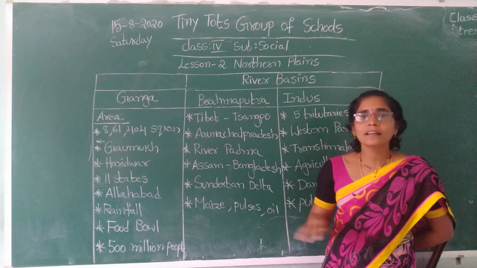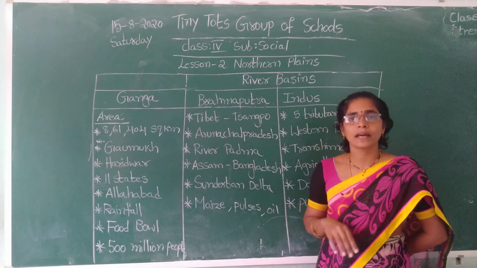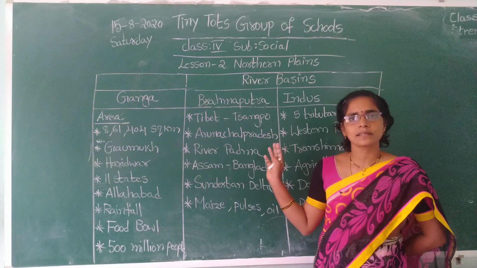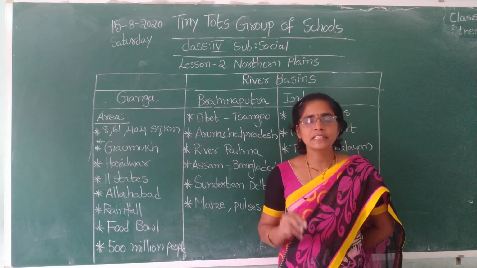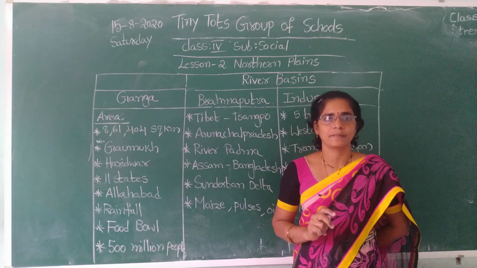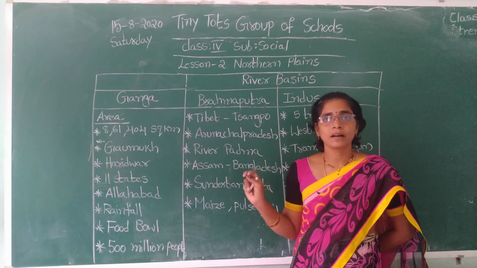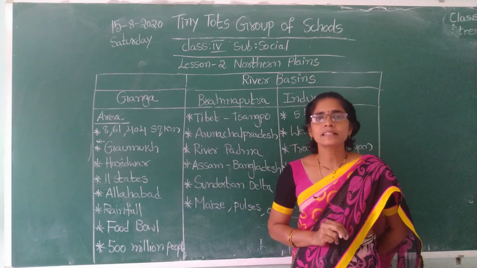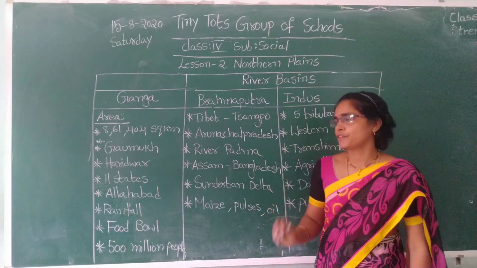It is flowing parallel under the Himalayas, and it is extending up to Assam in India. And it is joined with the river Padma, which is the distributary of river Ganga, making the path very fertile, making the land very fertile.